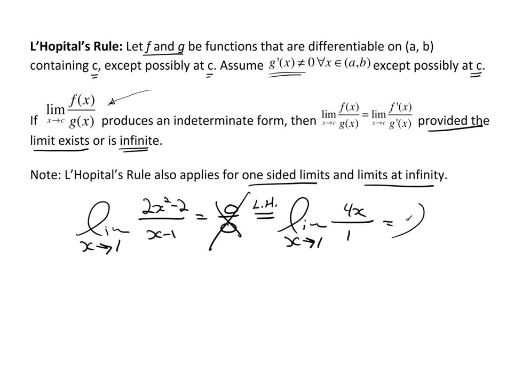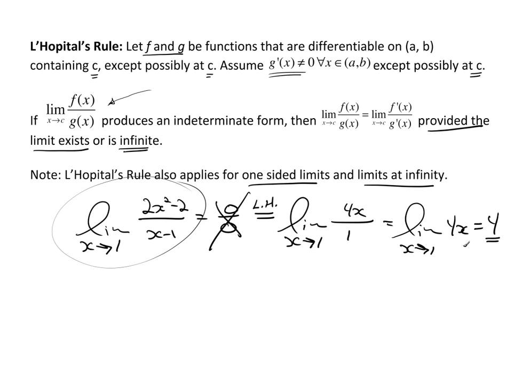That's just the limit as x goes to 1 of 4x, which is equal to 4, which is what I said it was in that previous example when I worked it out by factoring and canceling out. So it's the same limit.